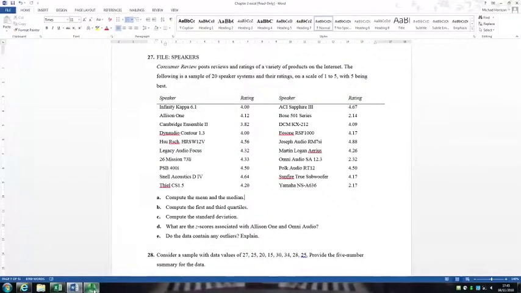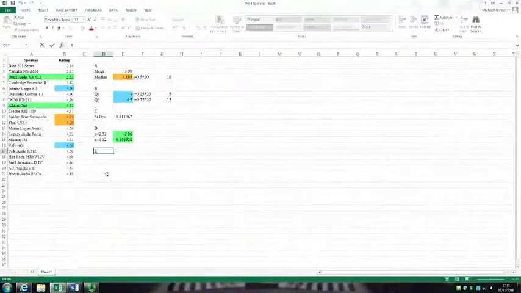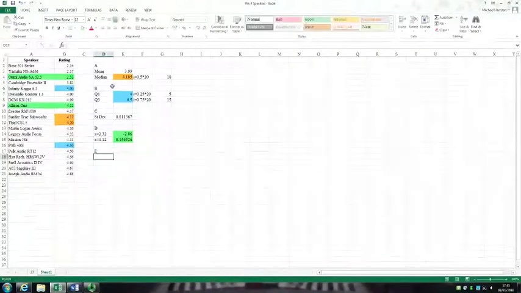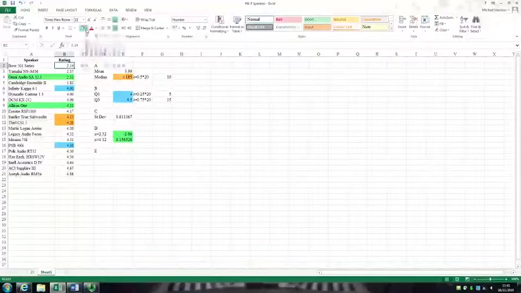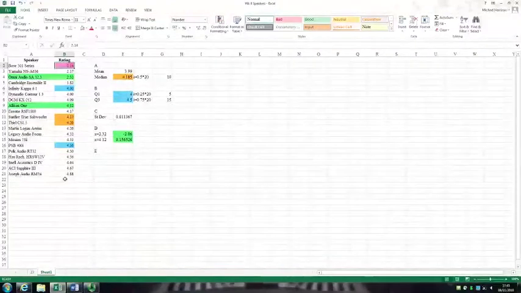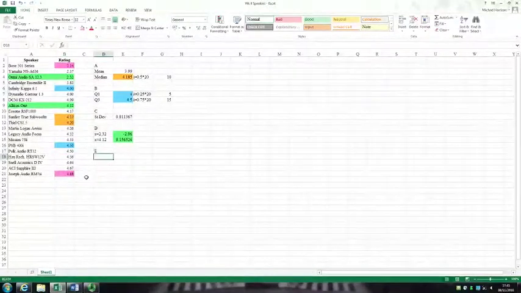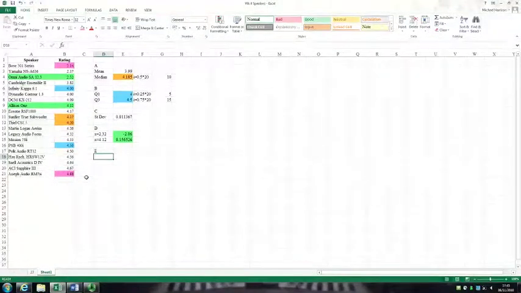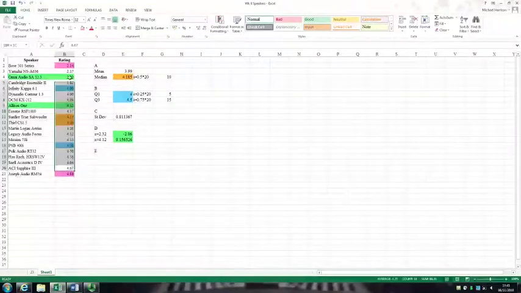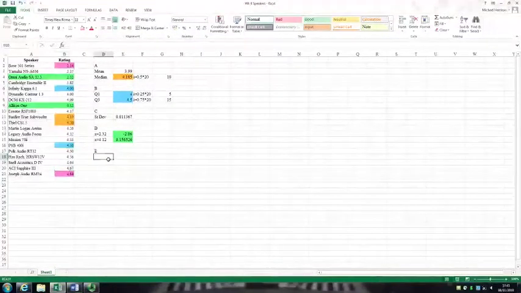Anything in the tails we're going to assume is an outlier. So, what I'm going to do here is calculate z-scores for the lowest observation and the highest observation. Because if these observations are not outliers, I know that everything else cannot be an outlier.